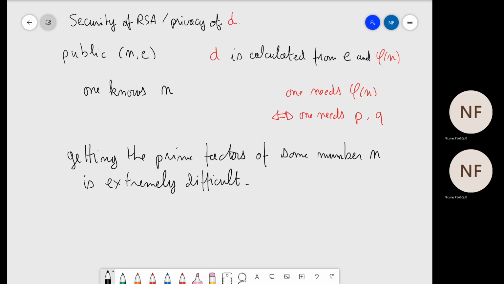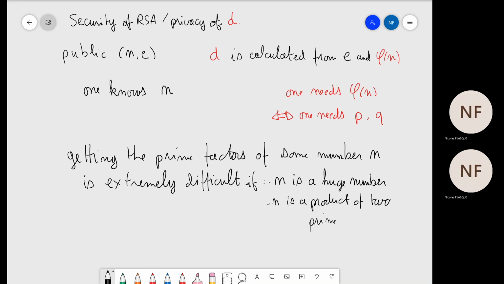It all depends on the value of N, of course, but for practical implementation of RSA and in cryptography, it's extremely difficult if N is a huge number, a huge integer with hundreds of digits in it. If N is a huge number, it's difficult if N is a product of two prime numbers.